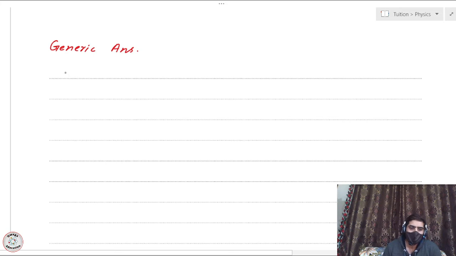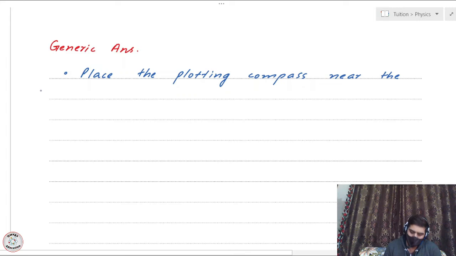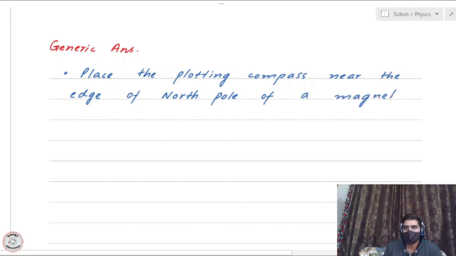So the first pointer is: place the plotting compass near the edge of the north pole of a magnet. All right, that is the very first pointer.